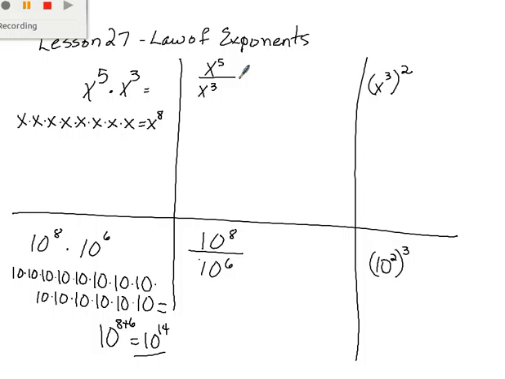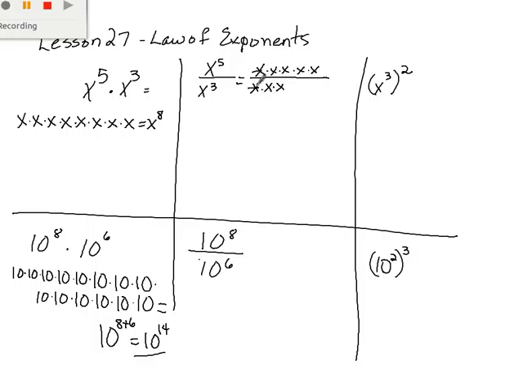We're going to apply the same principle now to division. This says x to the fifth, so we are going to write 5 x's. And we are going to divide it by x times x times x. You have to remember that any number divided by itself equals 1.